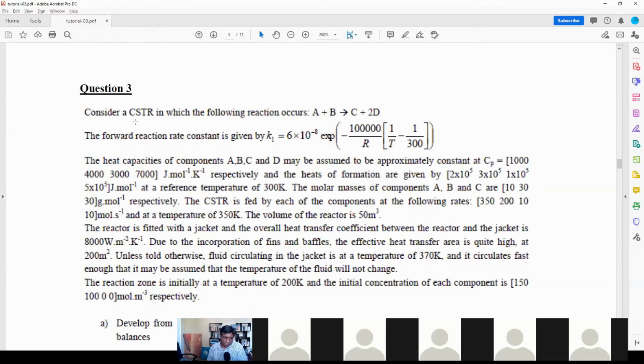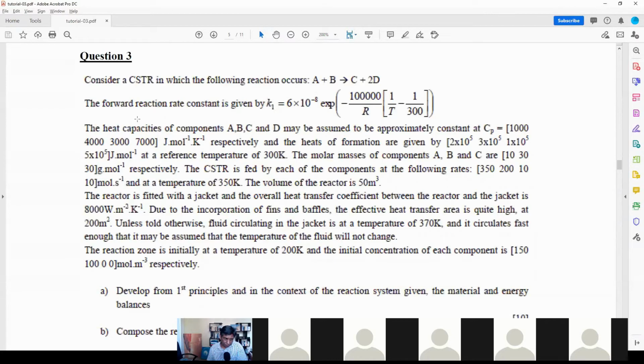We are told we have a CSTR and we have this reaction happening. A and B combine to give us C and D, and it's not equimolar. We get 2 Ds for every A that reacts. So you've got 2 moles on the left-hand side and 3 moles on the right-hand side.